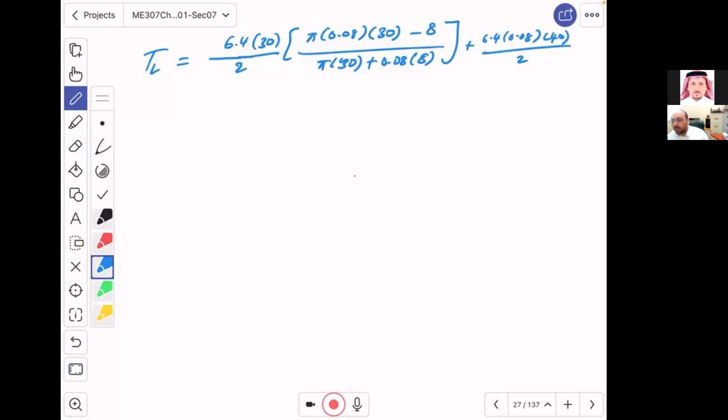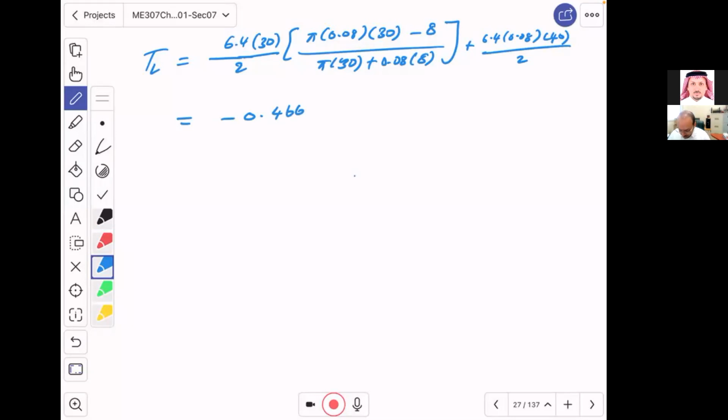Now, if you notice over here, the lowering torque is going to be minus 0.466. So there is a problem over here. This is not self-locking.